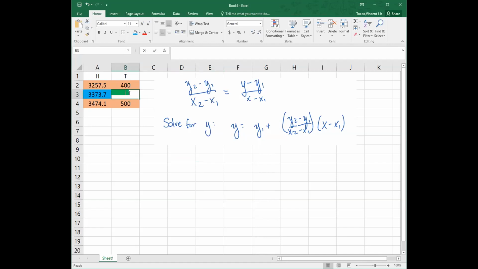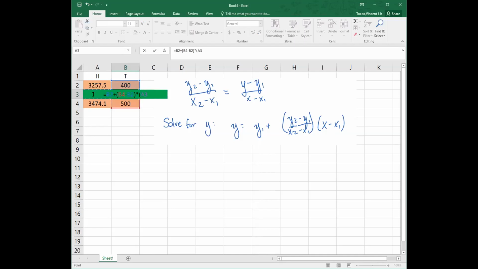So y is equal to y1, so that's the temperature, plus, and in parentheses, I'm going to have the temperature difference, so y2 minus y1, times x minus x1.